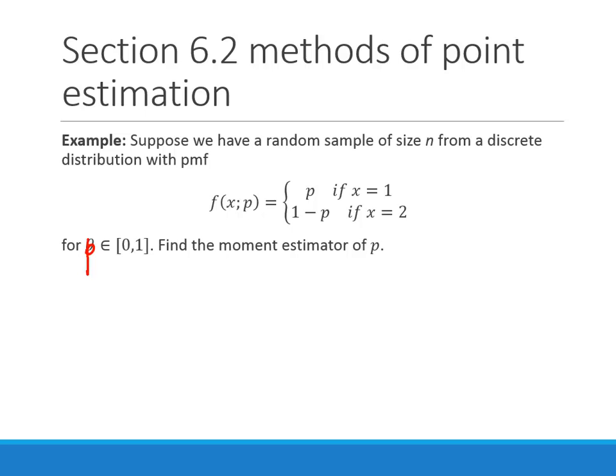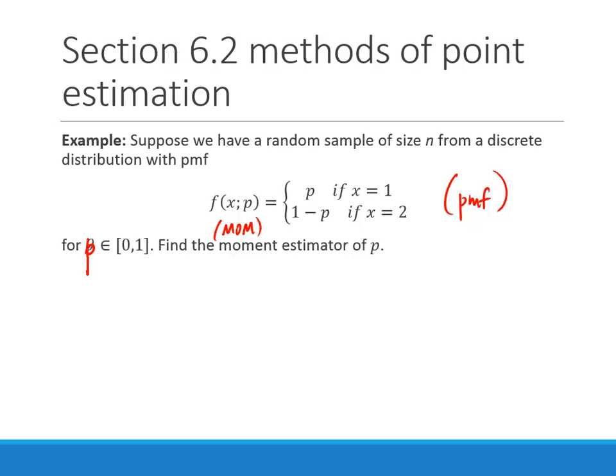The individual samples are either 1 or 2, with probability p and 1 minus p respectively. This is my PMF here, and I want to find the method of moments estimator of p.